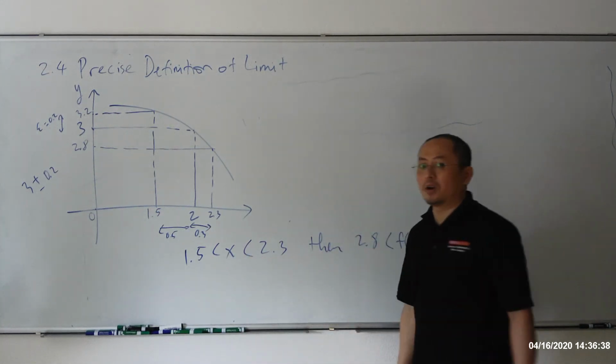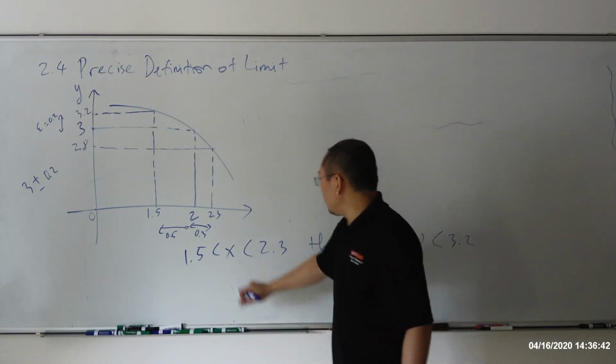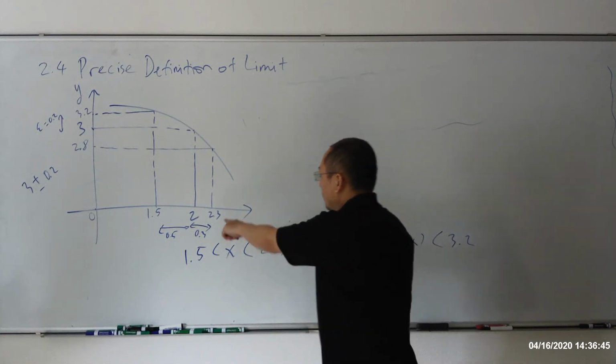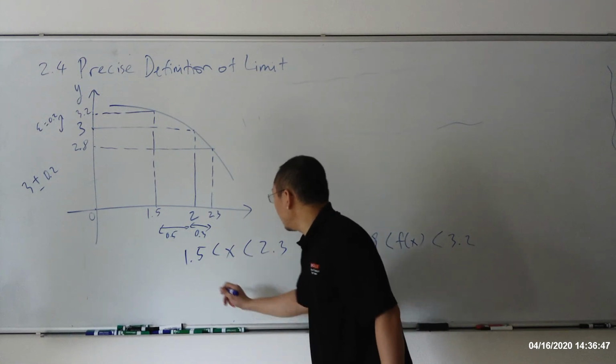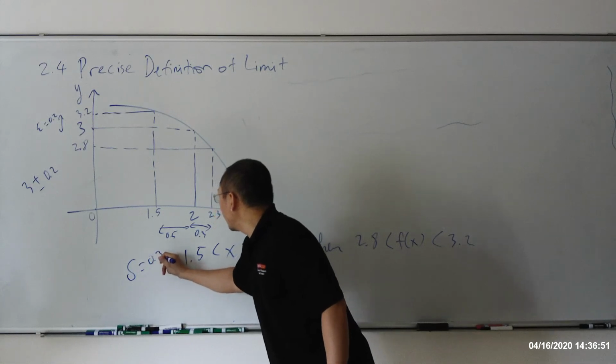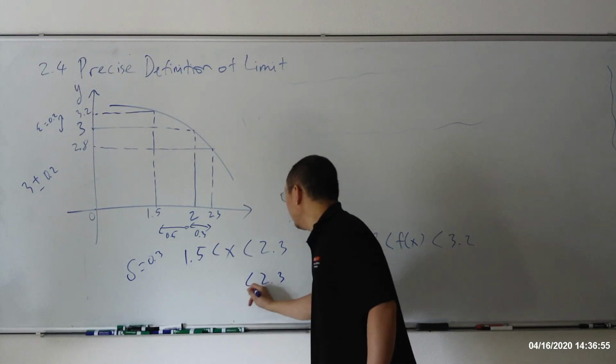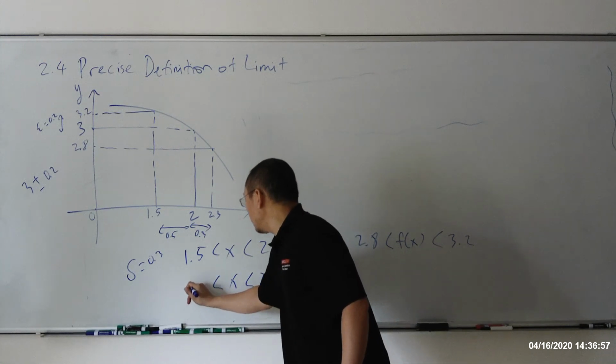If this works, then I'm going to choose delta equal to 0.3, because I choose the smaller one. So 2.3 is going to be the upper bound, but the lower bound, I'm going to choose 1.7.